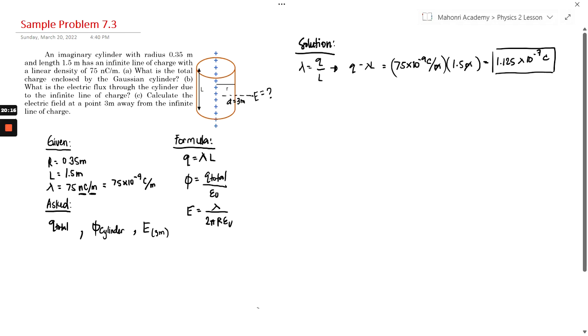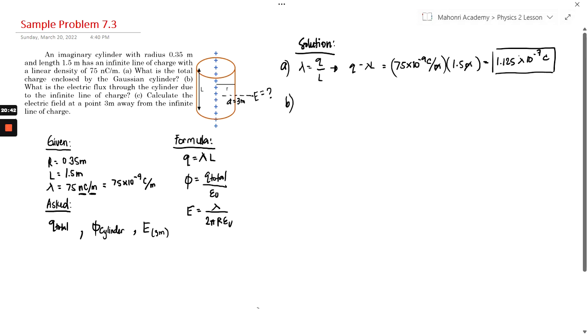And then the next question is, what is the electric flux through the cylinder due to the infinite line of charge? So the next part is, what is the electric flux through the cylinder? Meaning, how much electric flux is going through our cylinder.